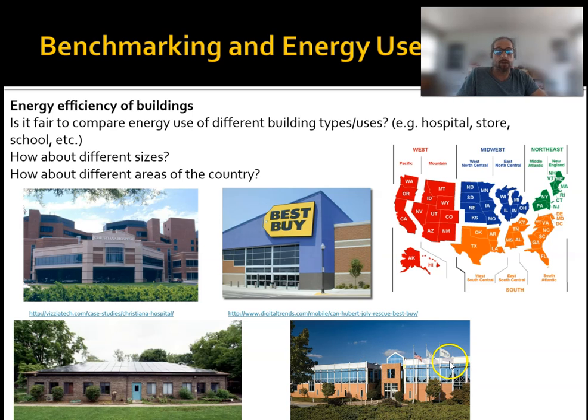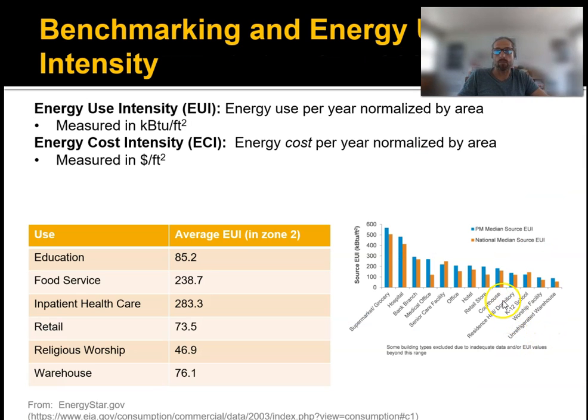The one that's 200,000 square feet, if it's an identical campus, just twice the size, should use about twice the energy, right? So if we divide by square footage, that will all even out. Okay, so that's why we normalize by square feet. So again, we have EUI, which is total energy use divided by square footage, and ECI is total energy cost divided by square footage, right?